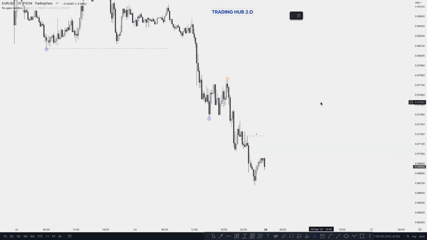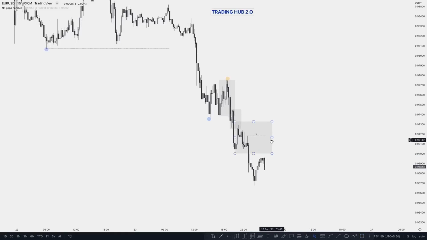And one more thing you have to understand: when we can sell. First of all, mark the order flow. Order flow is here, this one, which is already mitigated. So when can we mark and when can we sell into the downside? This order flow is already mitigated, and this order flow is already mitigated, and this one is unmitigated, right?